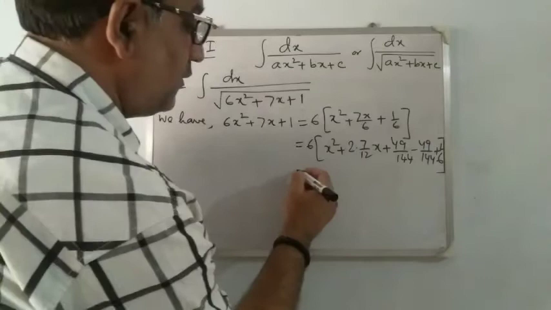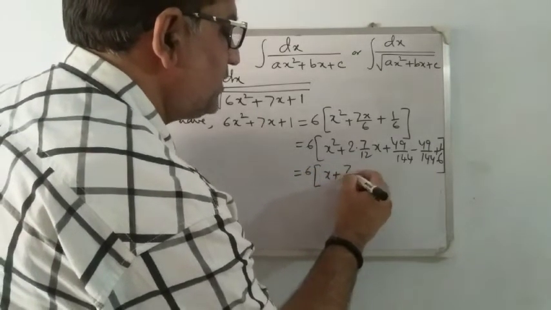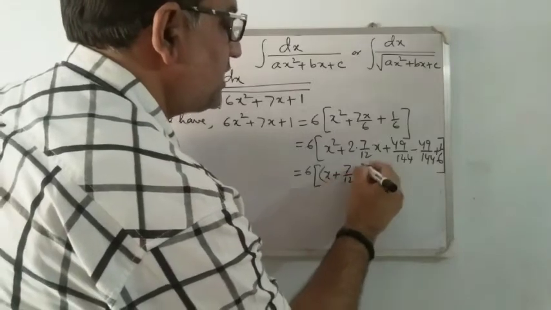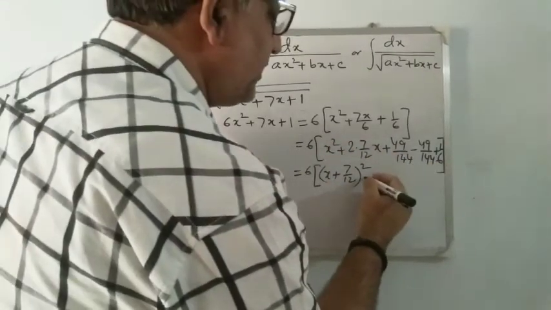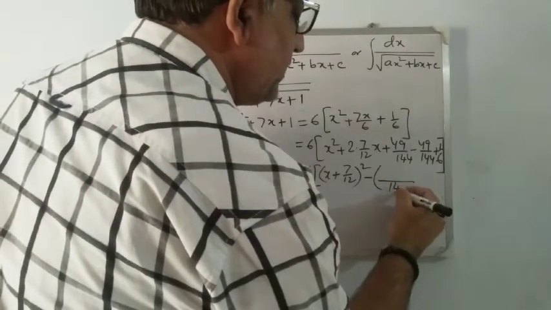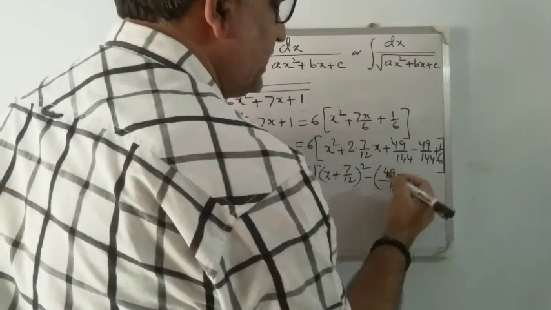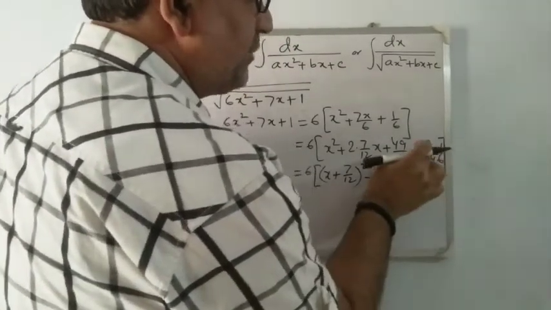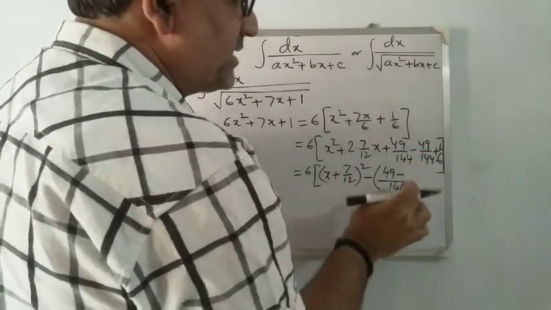Now from here you will get 6 into x plus 7 by 12 whole square. You see, x plus 7 by 12 whole square is this term. Now, if you take common here, in the bracket you will get LCM as 144. Now this becomes 49 minus, what happens? If you take minus common, here this plus becomes minus. That's why I am writing here minus sign.